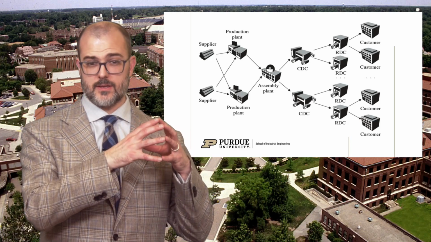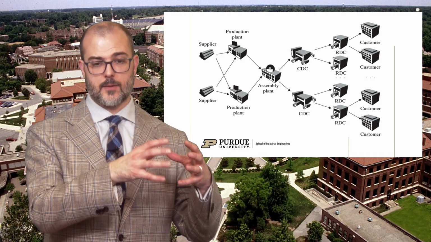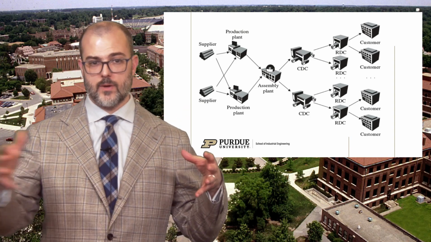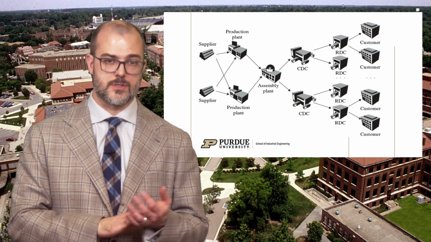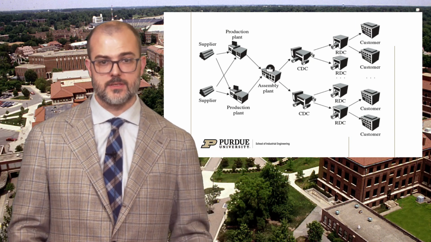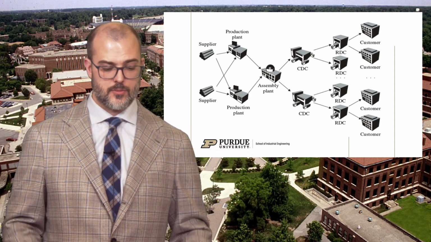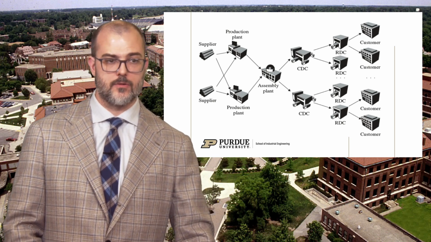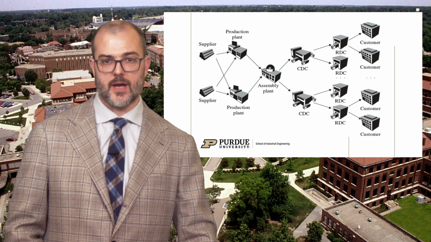And so we really think about the design and operation of these systems from the point where they originate all the way through to where they interface with customers and beyond. So we would often call this a supply chain or a logistics system. So if you hear these terms, then you're probably thinking along the lines of areas where industrial engineers have a large impact.